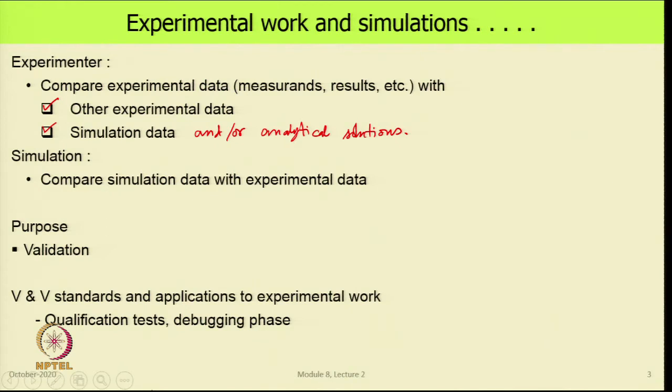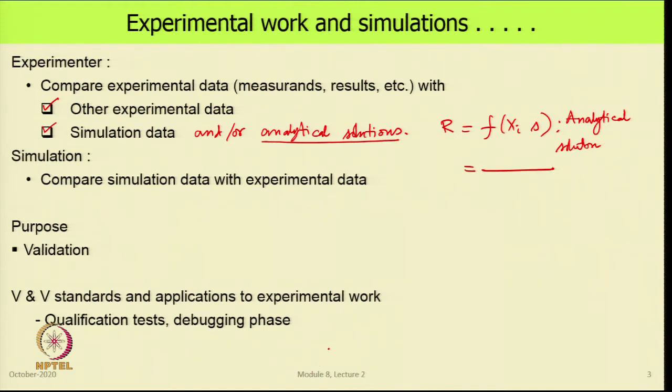There are a few cases where the relationship between the result and the measurands is such that we already have, for certain conditions, an analytical solution. What this means is that we have an explicit formula, which is continuous, where we can put in values of xi's and we get the value of the result r.